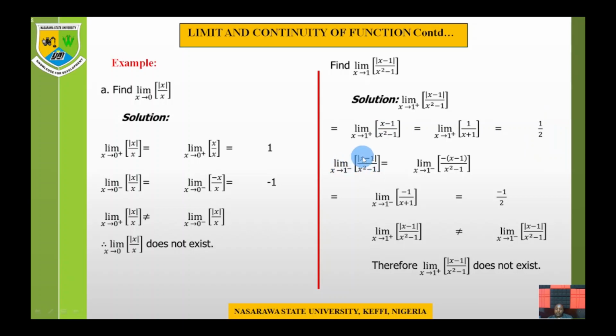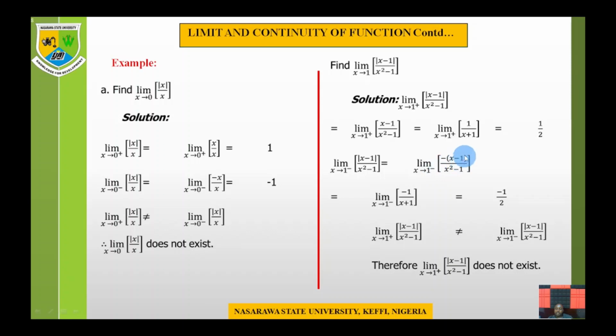Next, the limit as x approaches 1 from the left of absolute value of x minus 1 divided by x squared minus 1 is equal to the limit of minus x minus 1 divided by x squared minus 1 as x approaches 1 from the left.